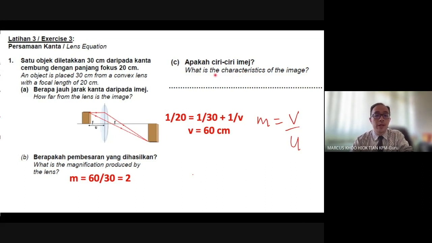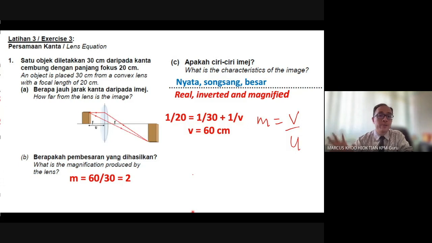And finally, what are the characteristics of the image? Since the magnification is more than 1, it will be magnified. It will always be inverted, and it will always be real. The only thing you need to know is whether it is magnified, diminished, or the same size.